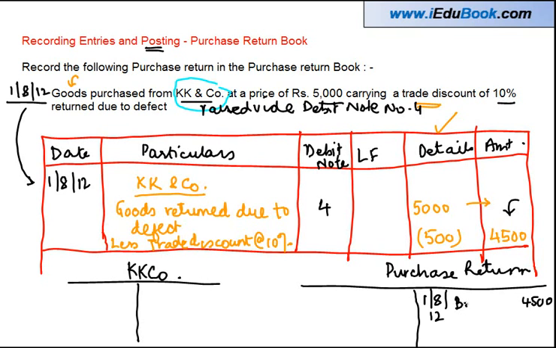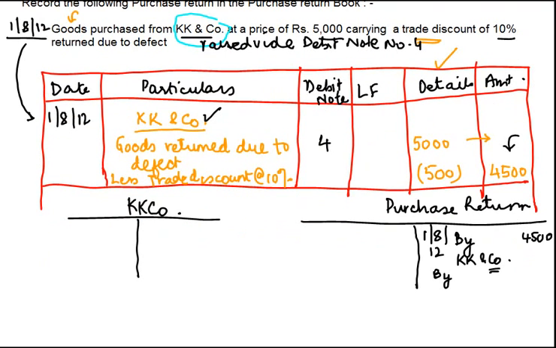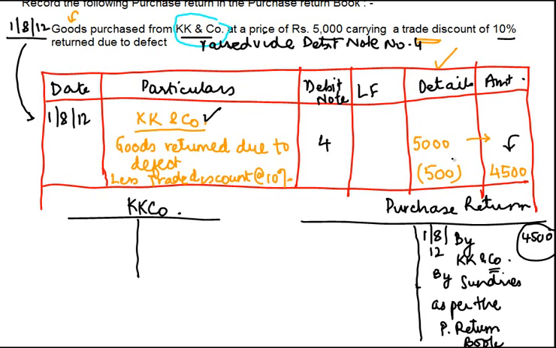You will write by KK and Company. This I am writing because there's a single account over here. If there were multiple accounts, you would have written by sundries as per the purchase return book, whatever is the total net of the discount.